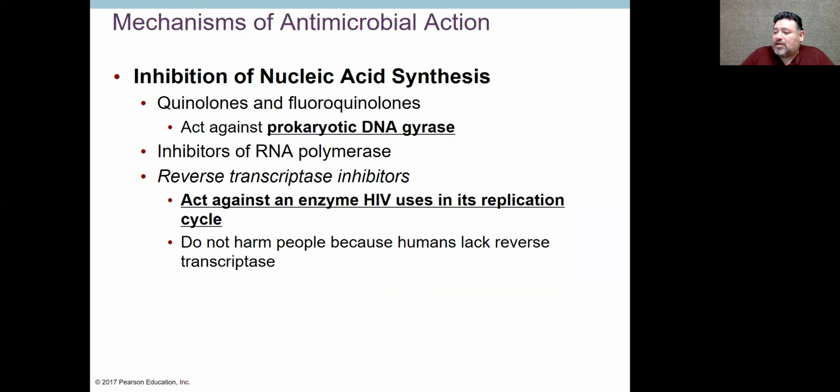Okay, let's keep on going here. Reverse transcriptase inhibitors are very important because if you remember, you have DNA, messenger RNA, protein. To go from messenger RNA back to DNA, you need to go in reverse of transcription. The enzyme that does that is called reverse transcriptase, and that is only carried by retroviruses.